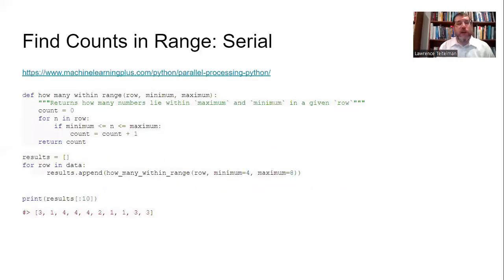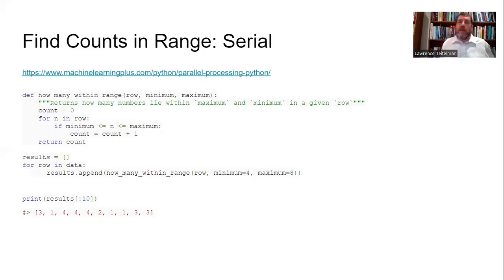Here are some basically simple problems. Again, we're going to look at it from a serial approach and then from a parallel approach. We have a row, which is just a list, and we want to find out how many numbers are within a certain range. Why would you want to do that?